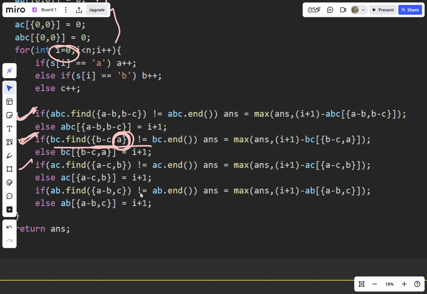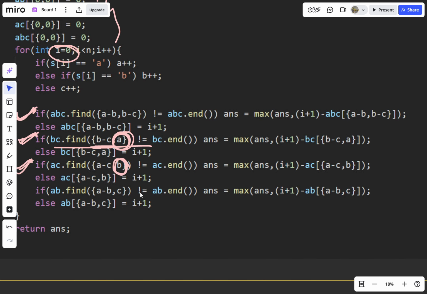Here we are finding the substring which contains only A and C, not B. So that's why we have to find the prefix of B also, which is previous to that substring.